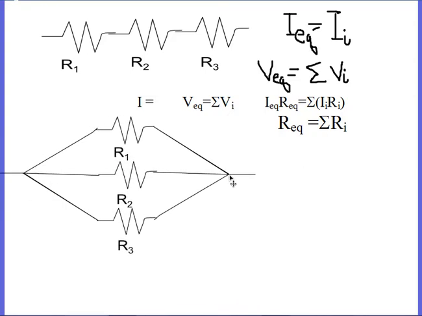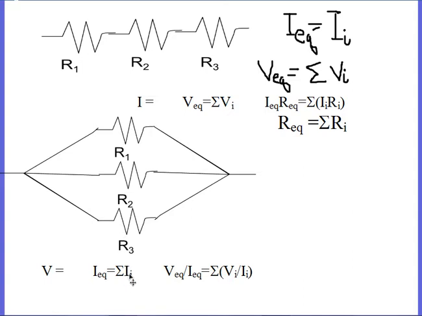And then if you put the resistors together in parallel, it is of course the case that they all have the same voltage drop, but that the equivalent current flowing through here would be the sum of the currents through each of the individual ones.